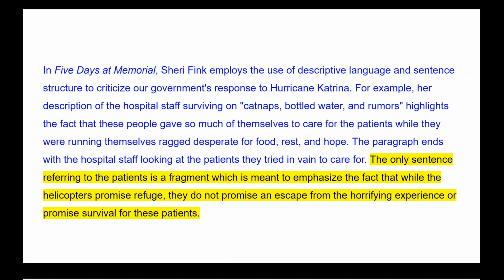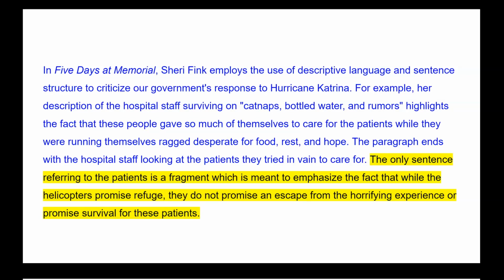Now, if I ended the paragraph here, I would have an okay paragraph, but it would read more like summary. So I need to add some more commentary to ensure that my paragraph is not a summary of the text, but rather an analysis. And remember, rhetorical analysis is us understanding how textual evidence or language is used to persuade an intended audience.